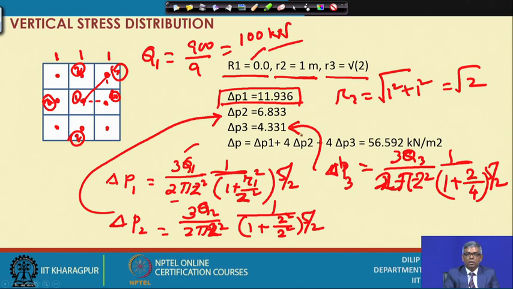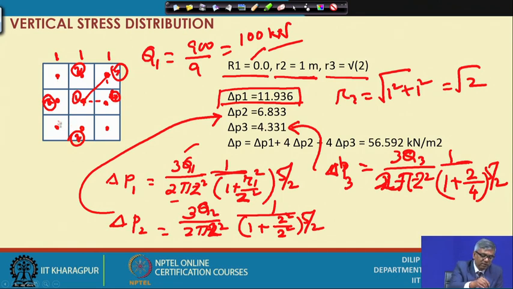So now, if I do these 3 calculations, I need not repeat the other calculations. Suppose there are 9 divisions numbered 1 to 9, but I need not calculate for all 9 divisions. I have already shown that these 4 have the same effect on this.